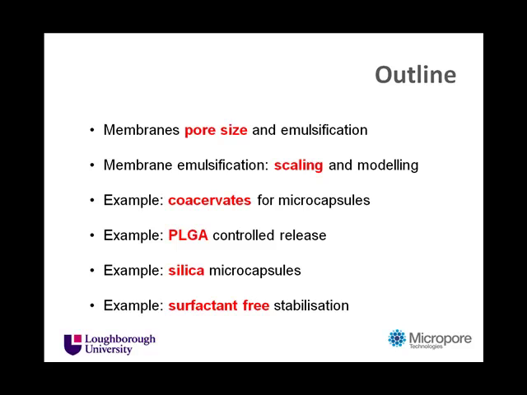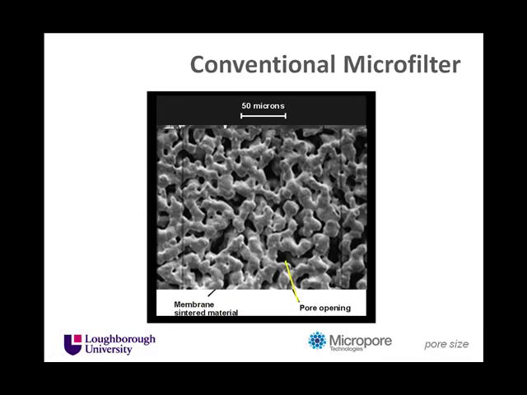Then another application, silica microcapsules, porous silica is used now in a wide variety of different industries. And the last example is a surfactant-free stabilisation of an emulsion, which is done by a process called Pickering Emulsions, as we'll see.